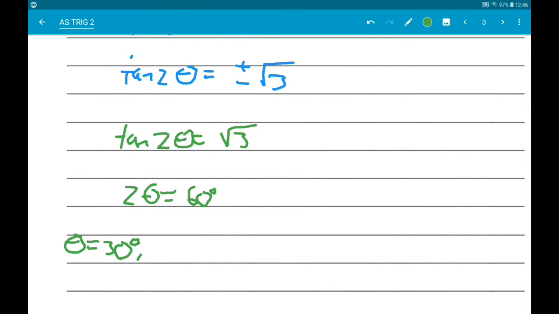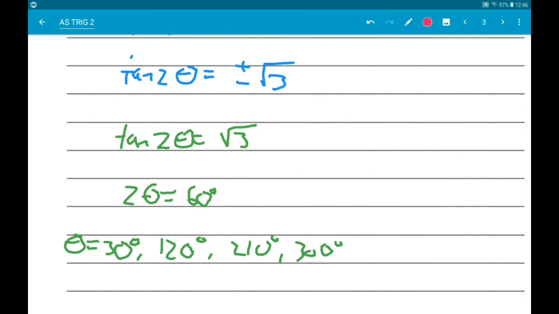So to get the other solutions here, we add 90. So the next one is 120. Then 210. And then 300. Now the next one would be 390, but that is outside of the interval. So we have them all in there.